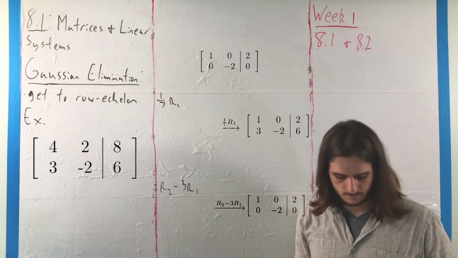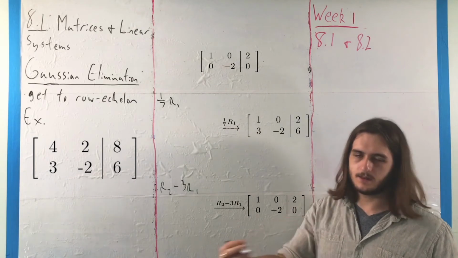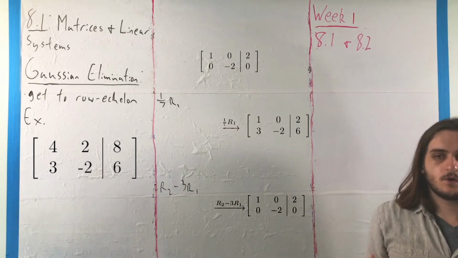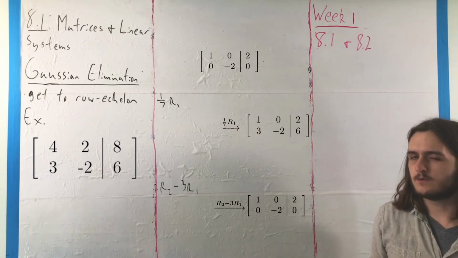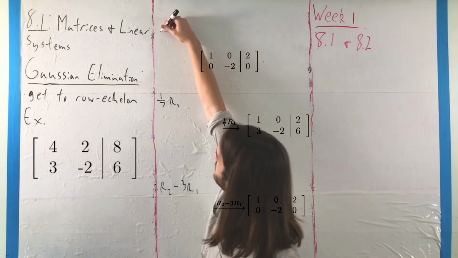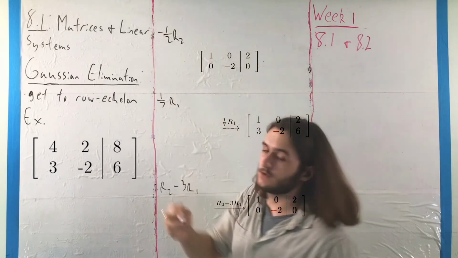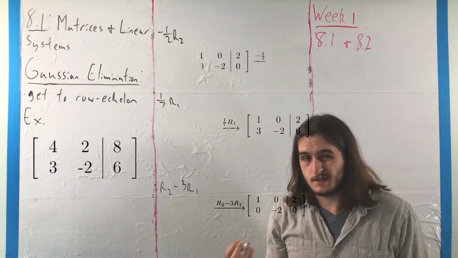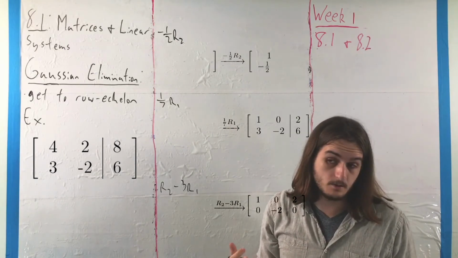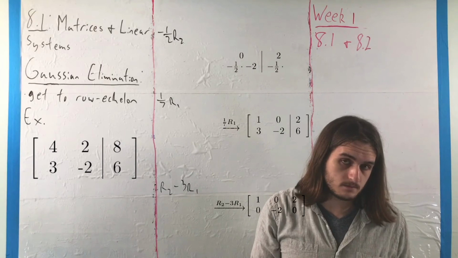For that next one, we're basically there, but we just need to take care of the fact that in the second row, we don't have a 1, we've got a -2. So we're just going to get rid of that -2 the same way we got rid of the 7. We're going to multiply the second row by -1/2. Multiply 0 by -1/2, nothing happens. Multiply -2 by -1/2, and it becomes 1.